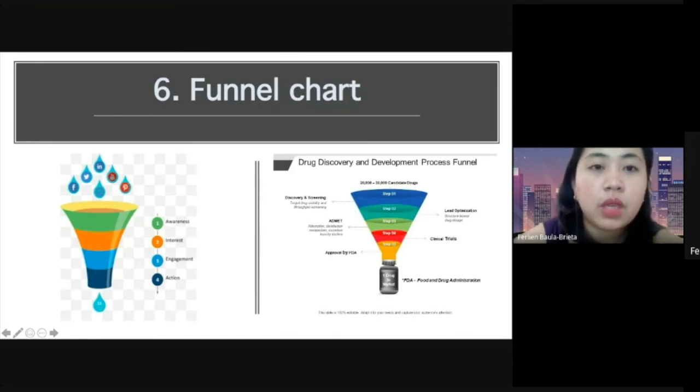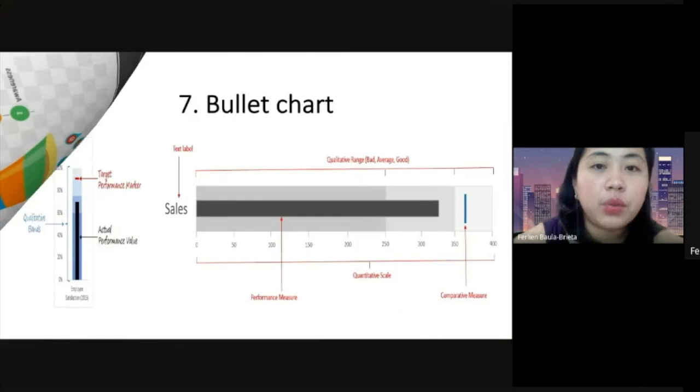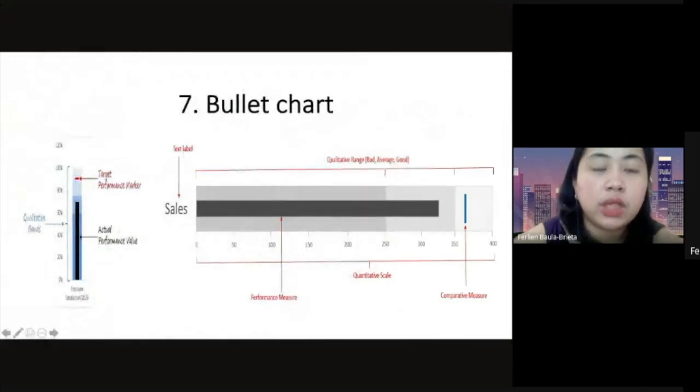So, okay. Now, another one is the bullet chart. Bullet charts, class, are a variation of a bar chart. It looks like a bar chart, but it has different parts. Okay, the bullet chart has the following advantages versus our gauge chart that was presented a while ago.